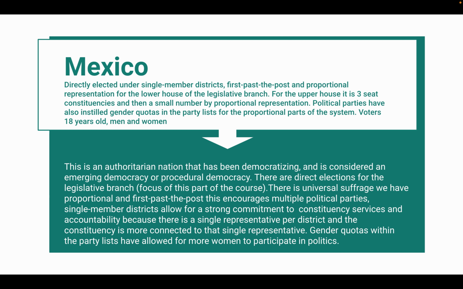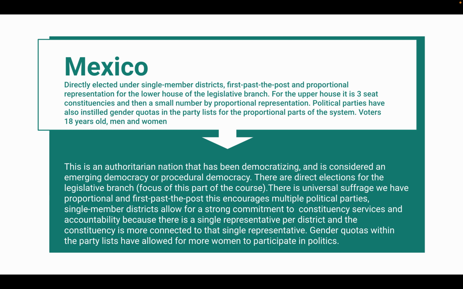So Mexico's history here is a little bit different. This is an authoritarian nation that has been in the process of democratizing and is considered an emerging or procedural democracy. There are direct elections for the legislative branch. There's universal suffrage. We have proportional and first past the post, and this encourages multiple parties.